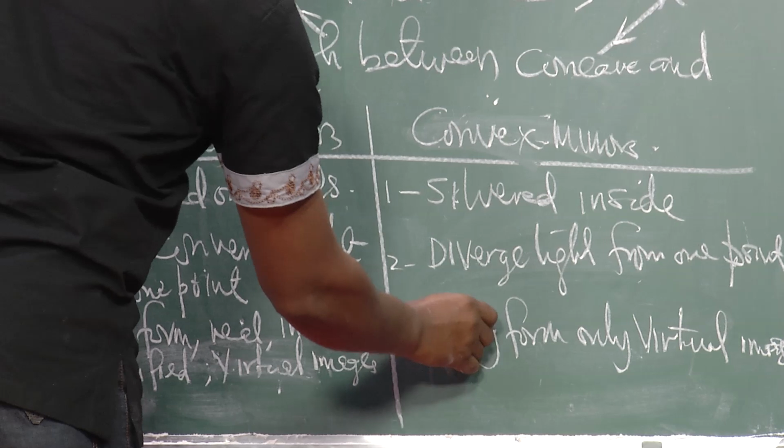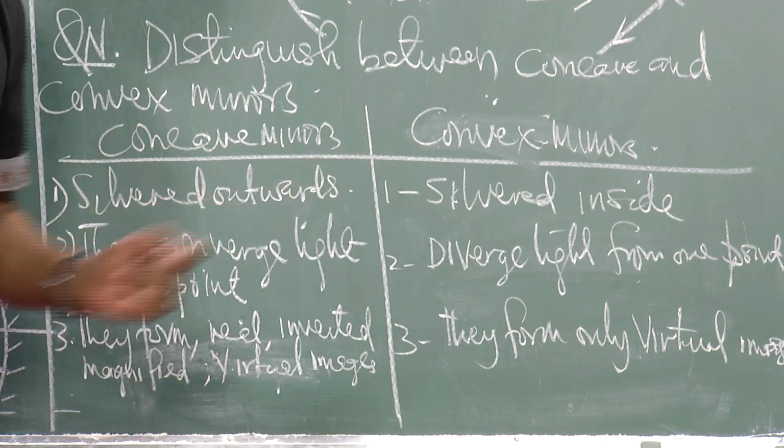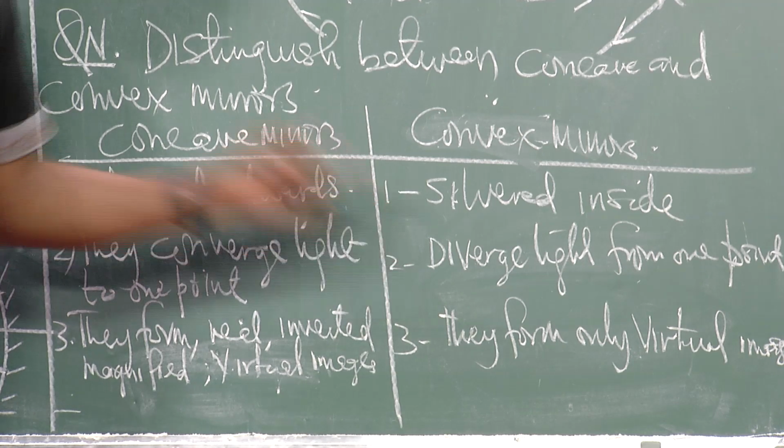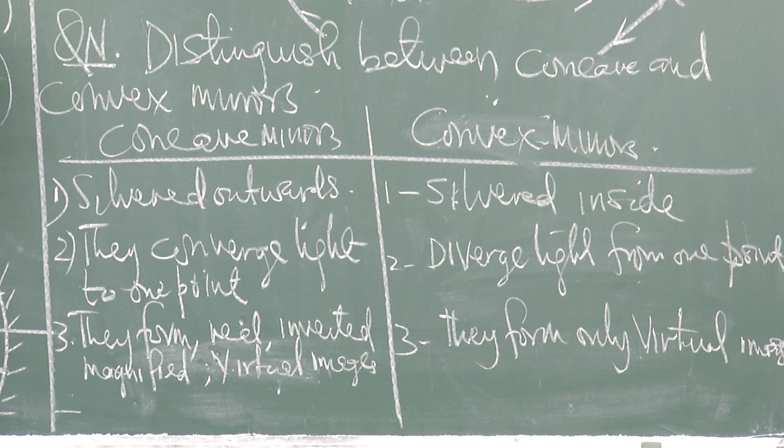We shall notice that because they form virtual and upright images, they are preferred for use as driving mirrors in automobiles. And when they talk about driving mirrors, students normally confuse that with side mirrors. They should specifically mention that they are used as driving mirrors, not just in side mirrors, but as driving mirrors.